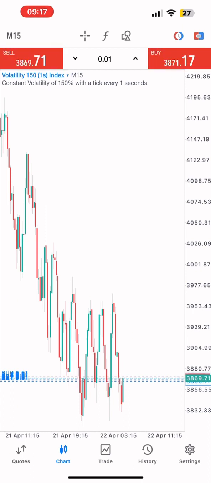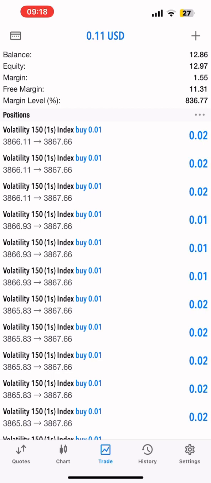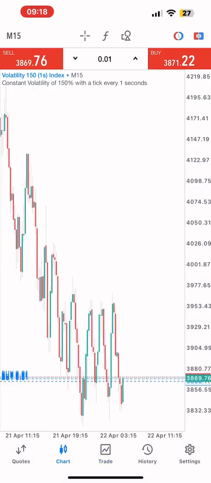These positions are many, but the pair is not that volatile, which means the possibility of the market blowing this account is very low, because the pip value of volatility 151 is not that much. So I'm gonna hold the account.